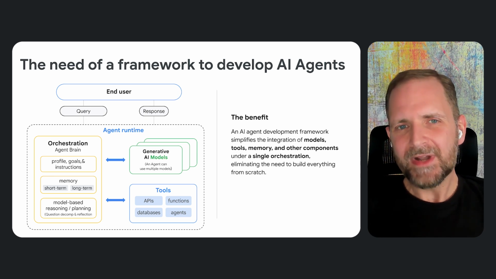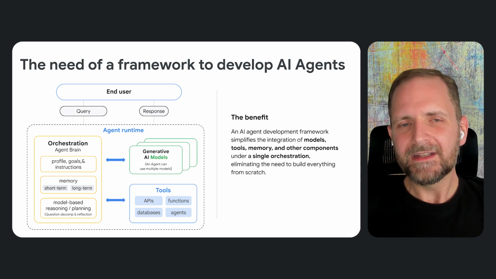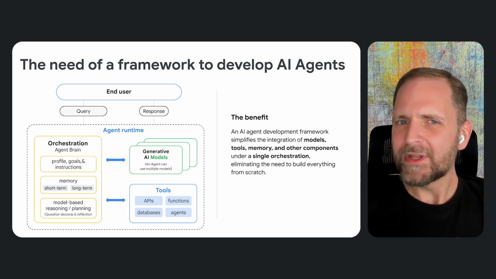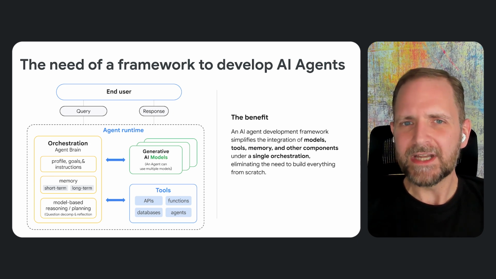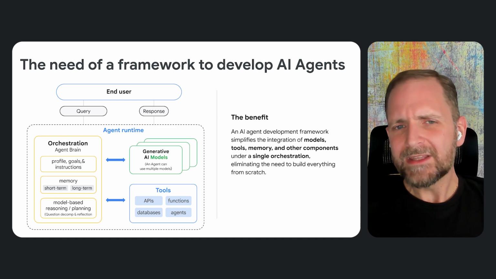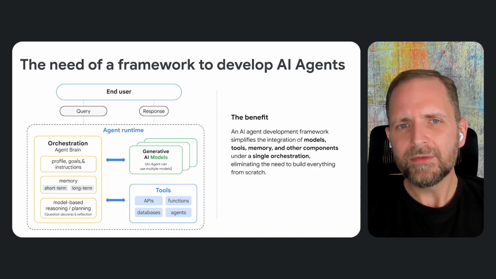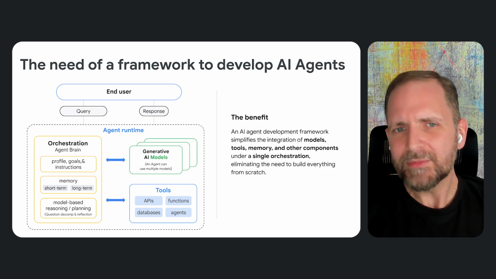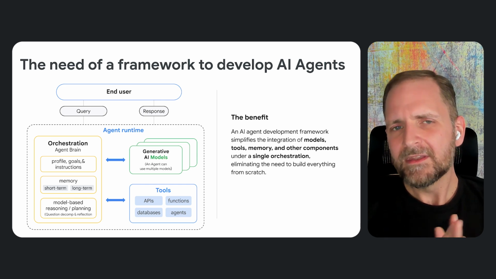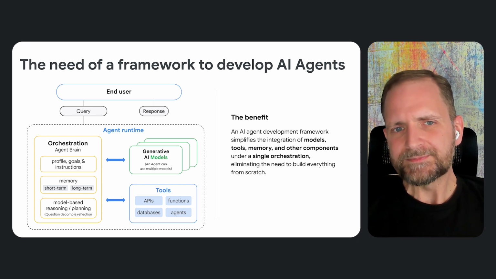Agent frameworks are nothing else than an easy way to develop agents, and they integrate models, tools, memory, and other components in a single orchestration, so we don't need to create everything from scratch all the time, but we need to focus only on the important part, that is the prompt engineering, for example, the tool development, and the design of the agent that we need to build.